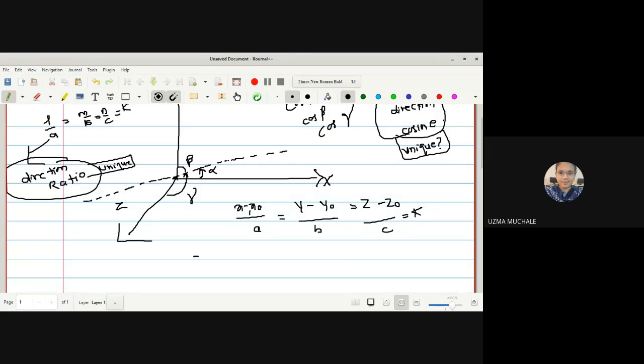Because we can find sine alpha, sine beta, and sine gamma also, correct? Or I can find tan alpha, tan beta, tan gamma, right? Because we have 6 trigonometric functions: sine, cos, tan, cot, sec, cosec. Out of all those, why have we selected cosine only, and that's why we say direction cosine, no? Can anyone tell me the reason why we have selected cosine only?